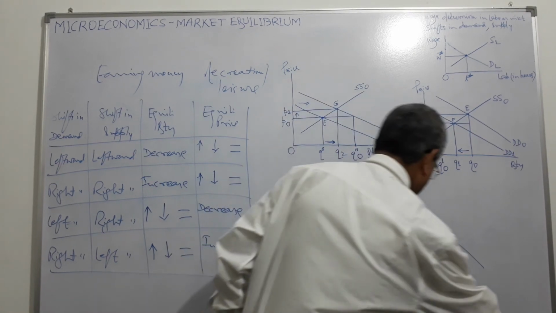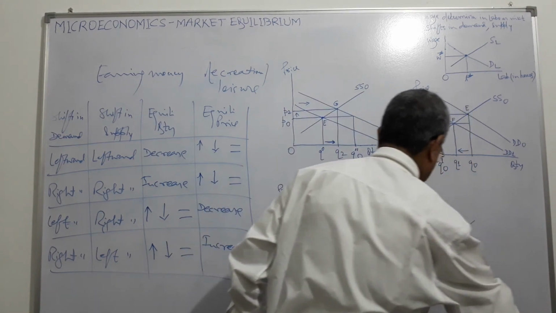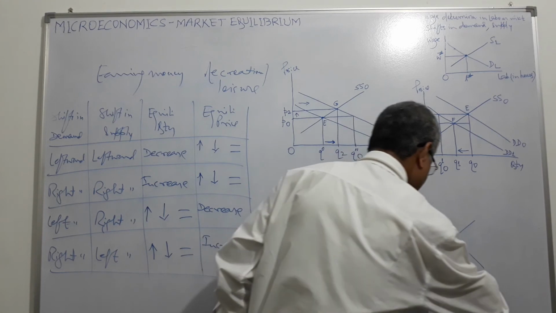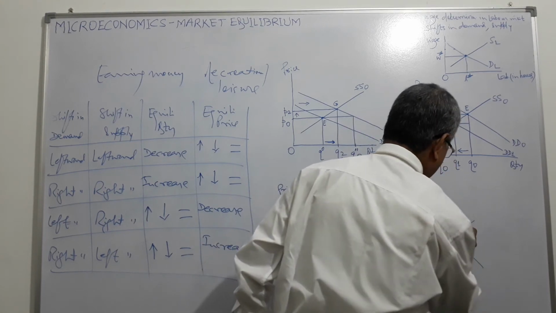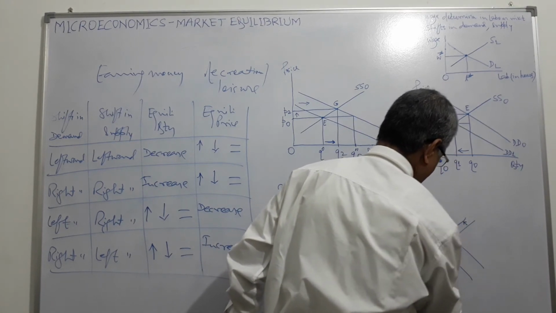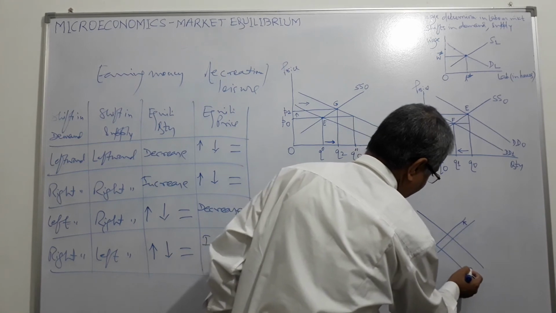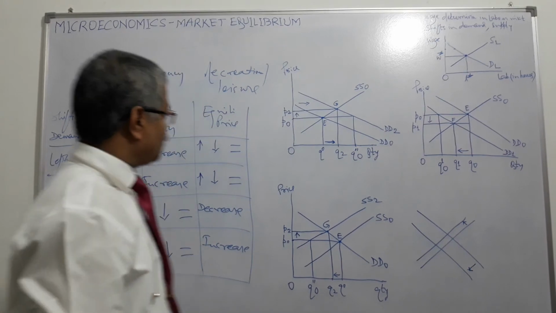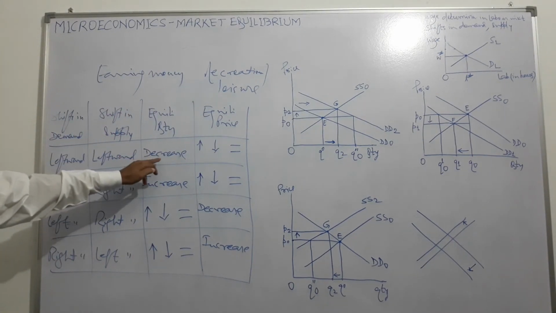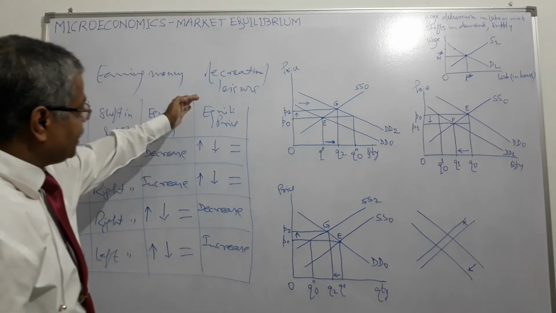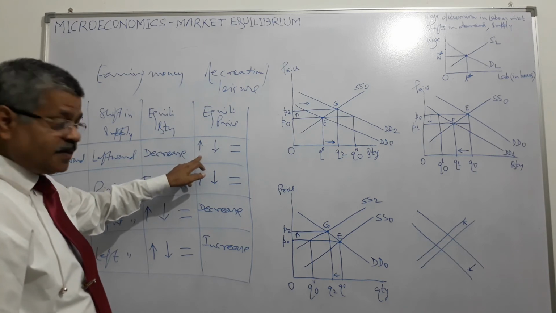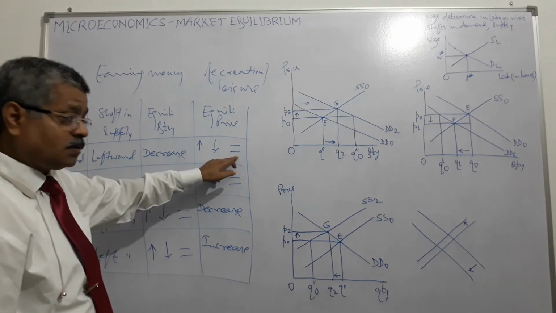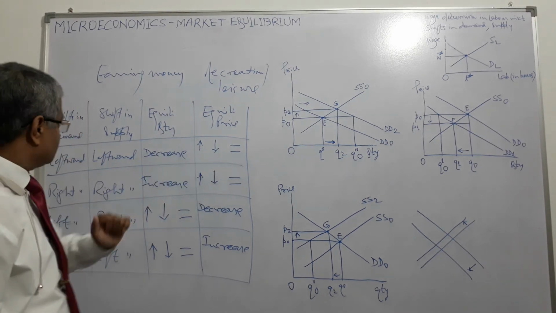This is our supply curve, which has also shifted left. So equilibrium quantity decreases and equilibrium price may remain the same, may decrease or may increase.